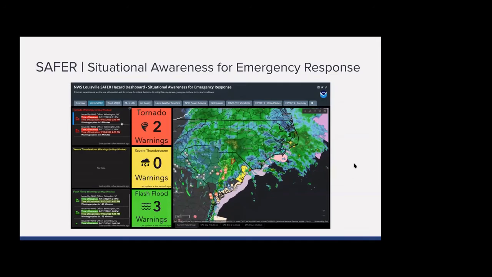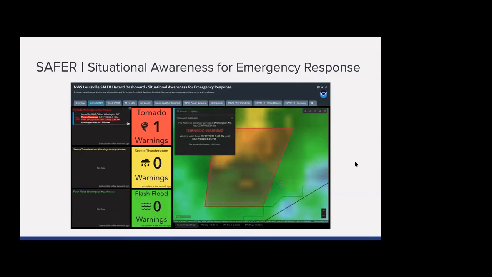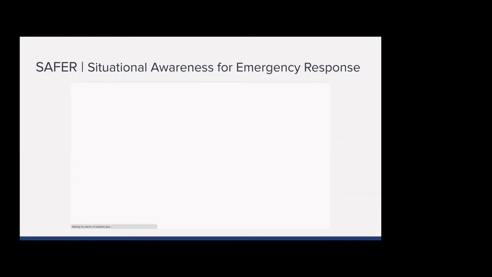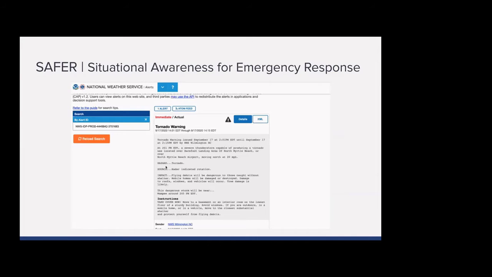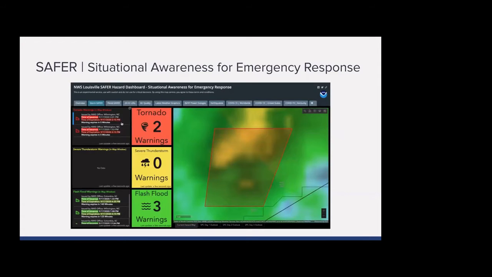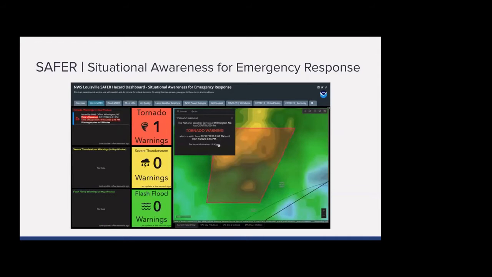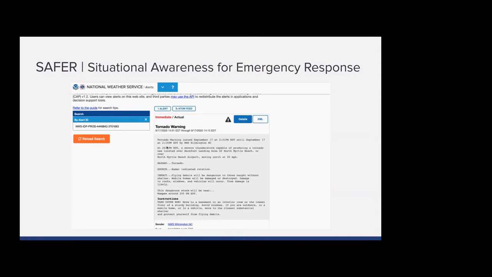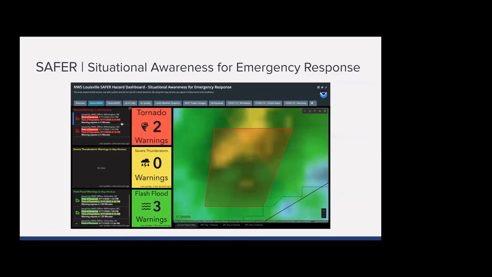So this is hopefully a little animation that you can see that should just keep playing. We've worked a lot to make easy-to-read pop-ups on all of our maps, pretty much anything you could click on, hopefully. This animation shows that you can click on any of the warnings within the list view over there, and it will zoom into that warning.